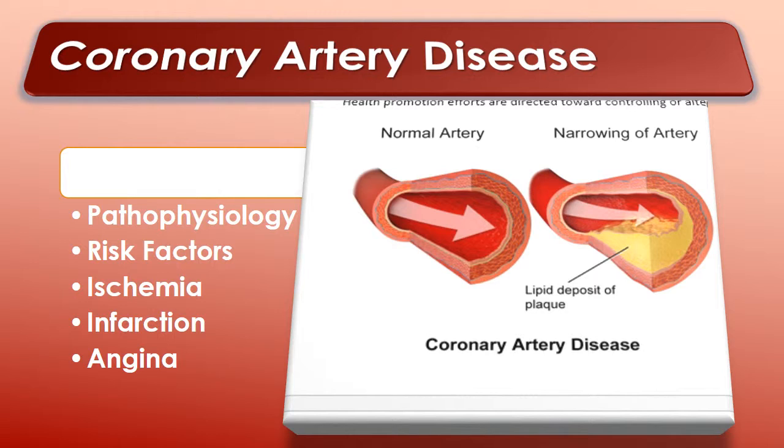Coronary artery disease, chronic stable angina, and acute coronary syndromes affect arteries providing blood, oxygen, and nutrients to the myocardium, the heart itself. When blood flow through the coronary arteries is partially or completely blocked, ischemia or infarction may happen.